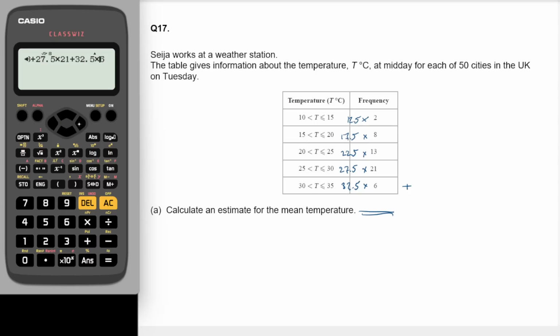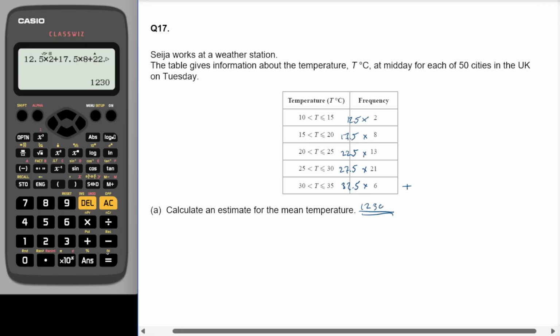Double check that we typed everything in right. 12.5 times 2, check. 17.5 times 8, check. 22.5 times 13, yep. 27.5 times 21, and 32.5 times 6. Okay, so that gives us 1,230.